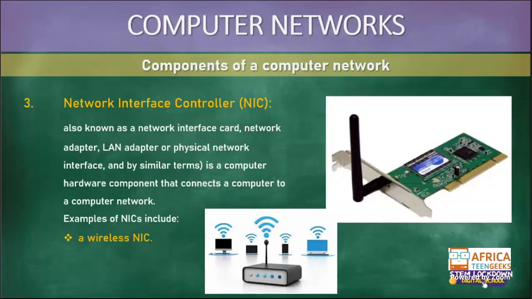It converts digital, that is the zeros and ones, into electrical impulses that can be sent over the copper cables, or if it's wireless, it converts it into electromagnetic waves or radio waves. And then it can be transferred from one PC to the other and vice versa.